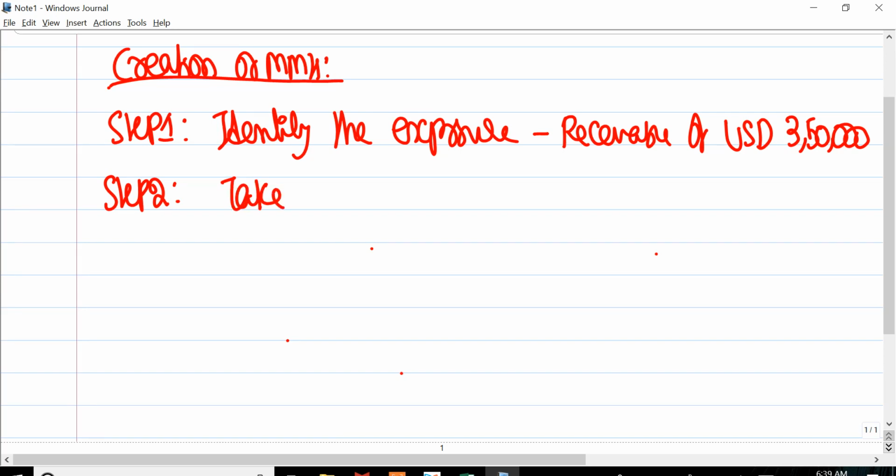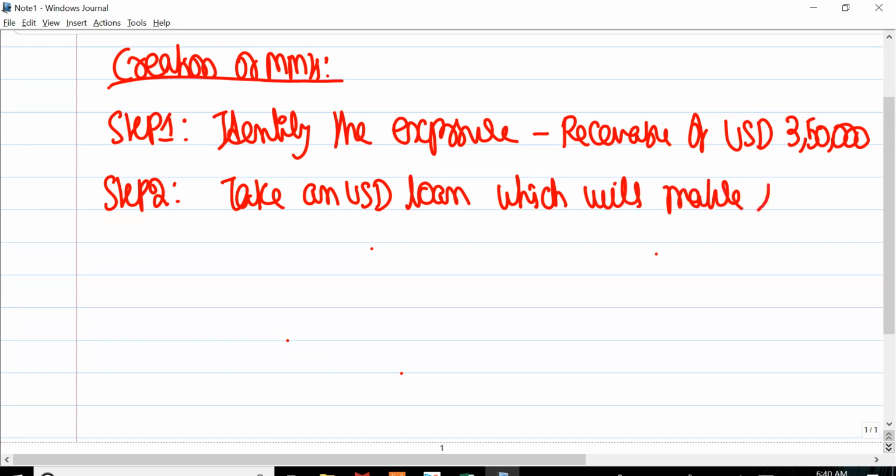Step 2, take a USD loan which will mature to USD 3,50,000.